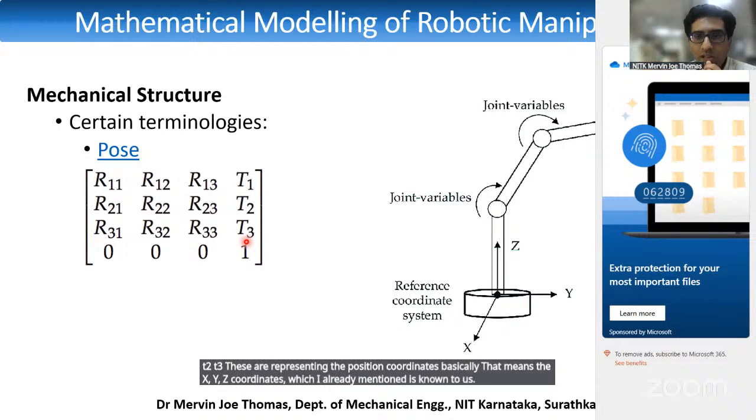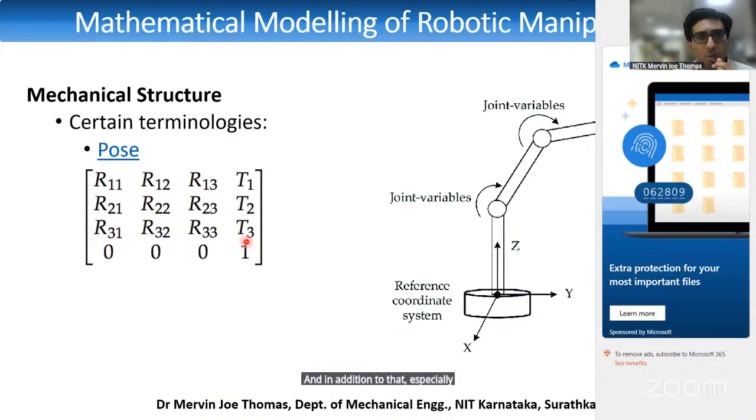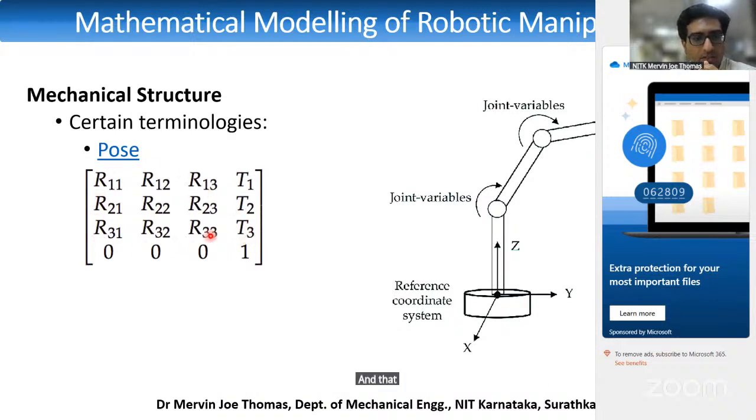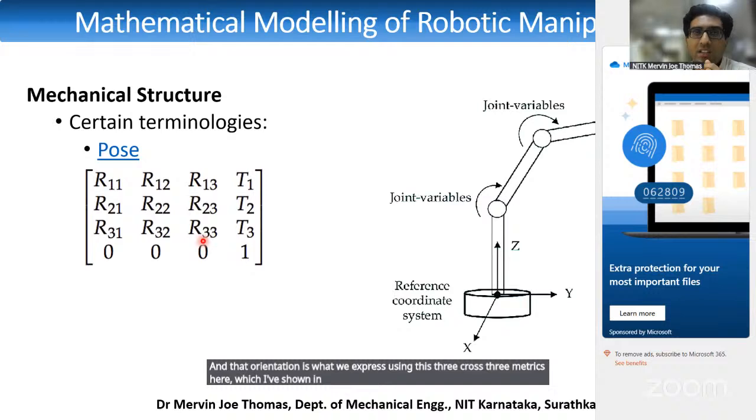In addition to that, when I'm feeding the robot, I need to correctly feed at what orientation the robot should reach that required position. And that orientation is what we express using this 3x3 matrix here, which I have shown as R11, R12, R33.